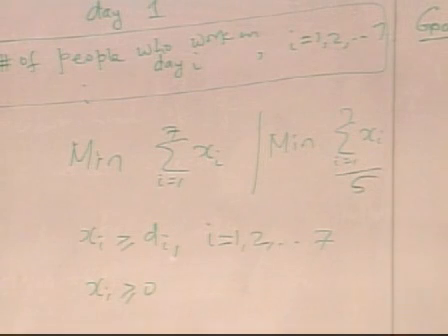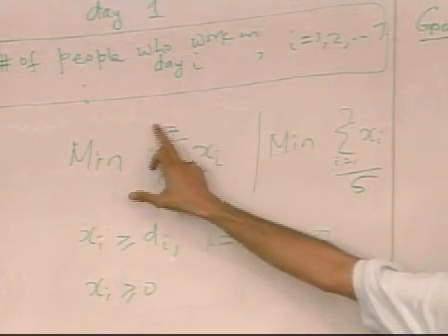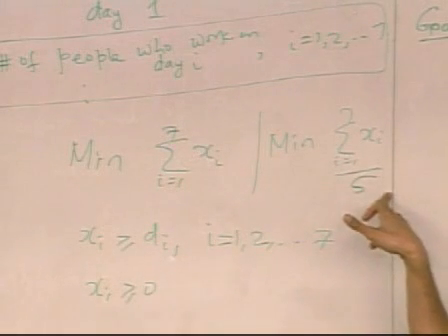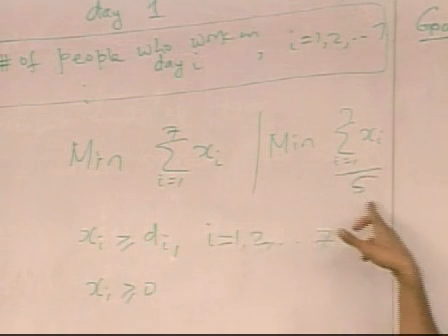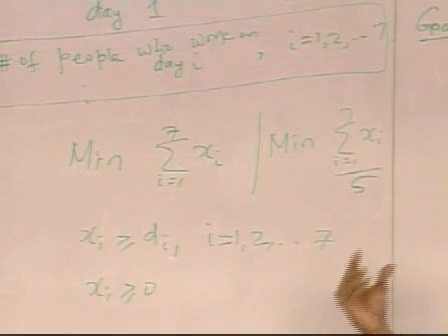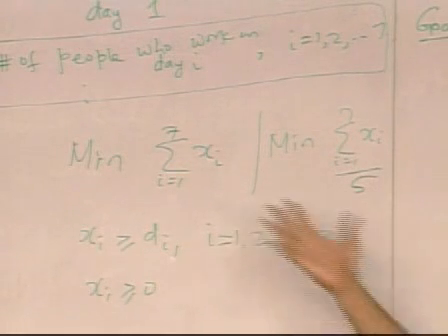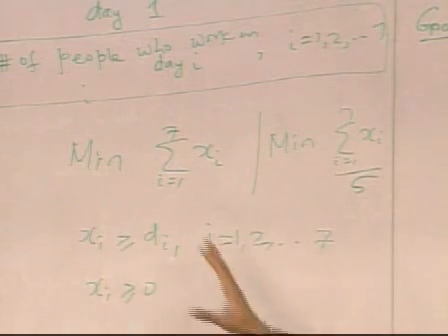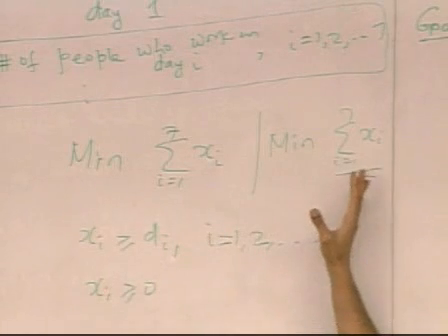So first of all, this and this look different. Okay? But as linear programs, they don't have the same objective value, of course, but there's a clear correspondence between solutions of this LP and solutions of this LP.